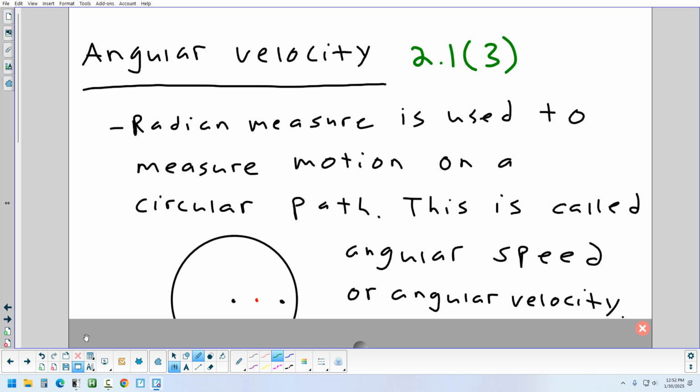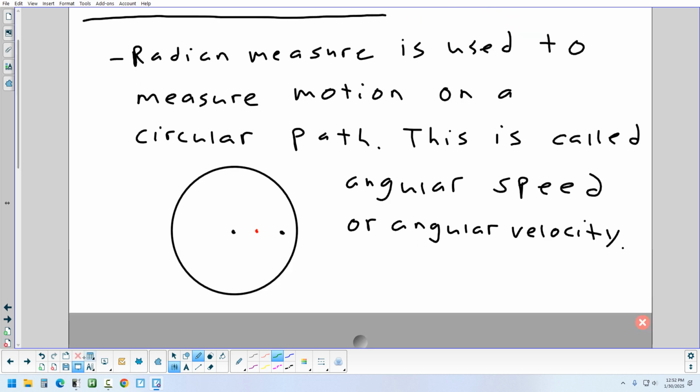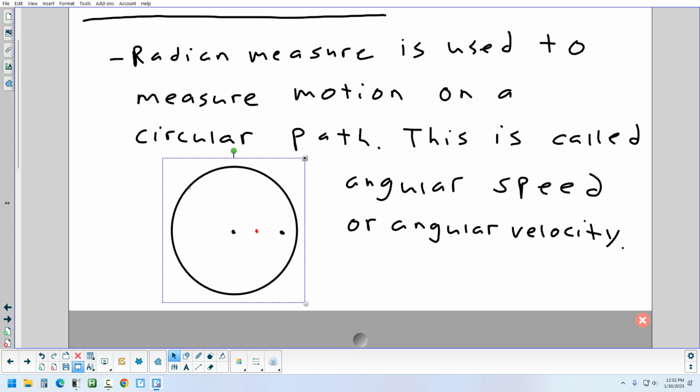All right, so why do we have angular velocity? Let's take a look at that circle. It's got three dots on it: the middle one that's black, the red one in the middle, and then the outer black dot. I'm going to spin that circle one time, and I want to see what's going to happen.